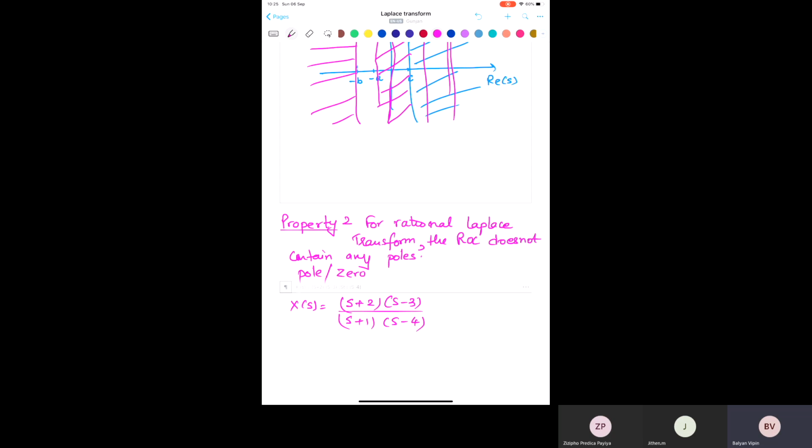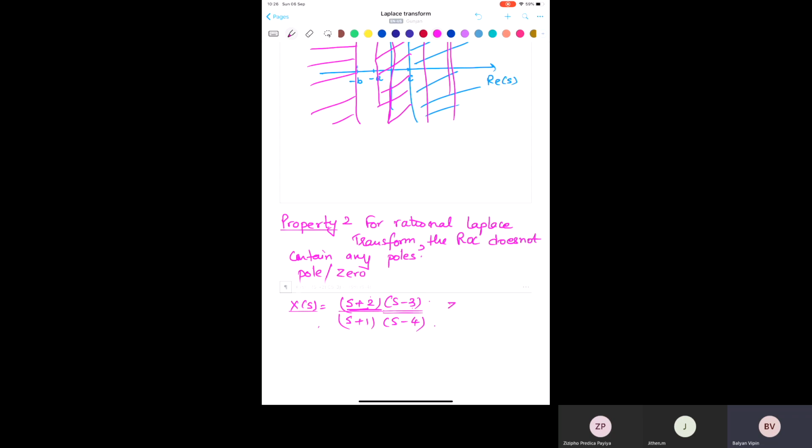For the values of s, the numerator and denominator are functions of s. The values of s for which X of s becomes 0 are called its zeros. If I put s equals minus 2, this function will become 0 due to this factor. If I put s equals 3, this will become 0 due to this factor.